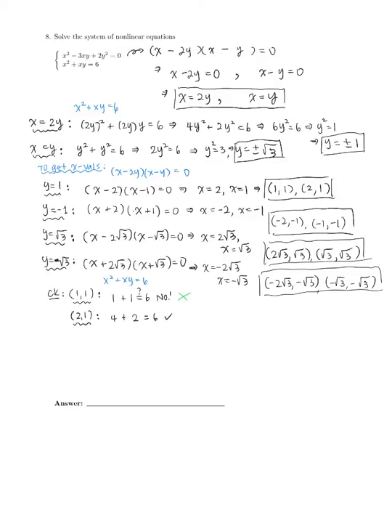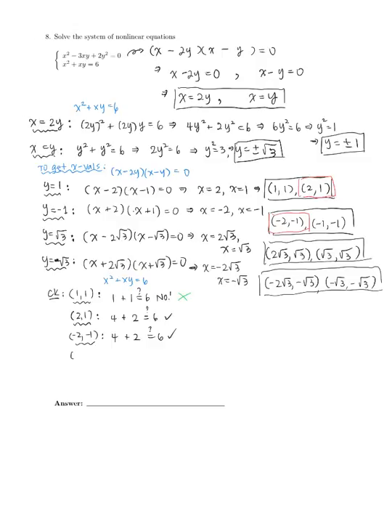So it looks like 2 comma 1 is going to be the solution, one of the solutions I should say. And let's go with negative 2, negative 1. Okay, so negative 2, negative 1, again we're going to have 4 plus 2 equals 6. Yes. Okay, so looks like negative 2 comma negative 1, we're going to keep that one.